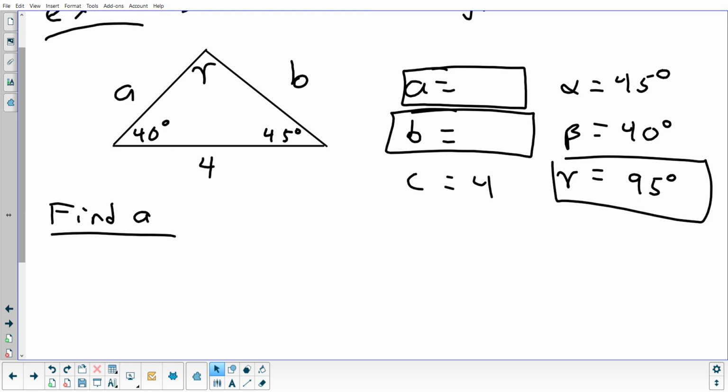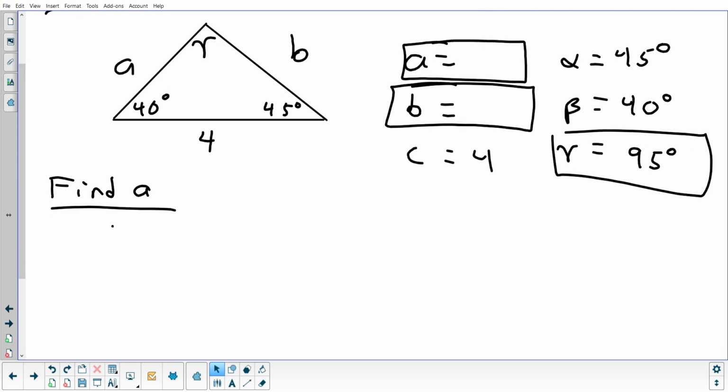And Sarah, can you tell me how to set up my equation to find A? Sine of 45 over A. Yep, so she put the unknown information on the left. That's fine. You can put it on either side. And what goes on the right? Sine of 95 over 4.